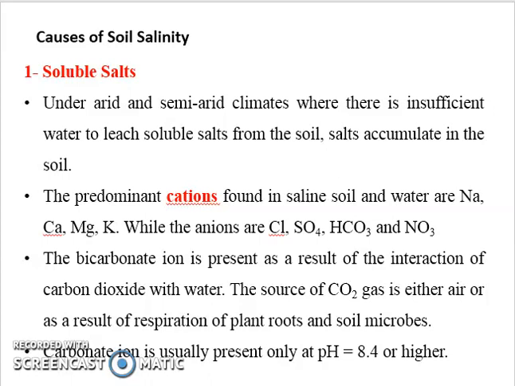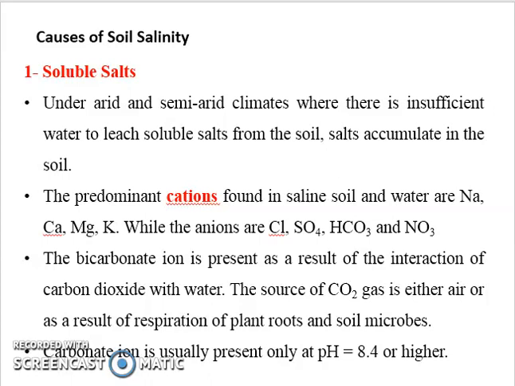Causes of soil salinity. The first is soluble salt under arid and semi-arid climate, where there is insufficient water to leach soluble salt from the soil. Salt accumulation due to evaporation is dominant in conditions where precipitation is very limited.